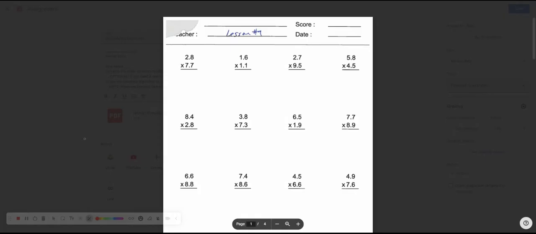So, multiplication. Before we talk about multiplying with decimals, I want to remind you of how to multiply using the standard algorithm. Standard algorithm is like the quote unquote normal way of multiplying. It's how your parents learned. It's how I learned. It's the standard way of doing multiplication. Standard meaning how most people would do it.